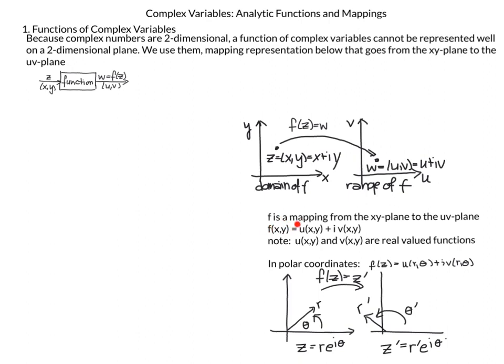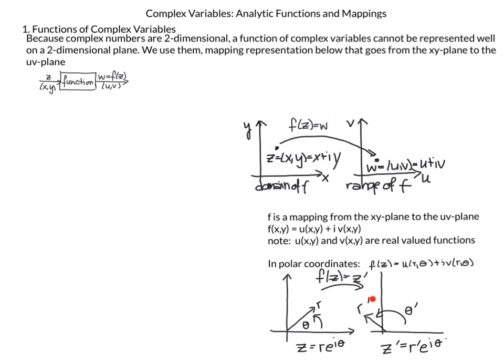This last idea of taking a function of a complex number and breaking it up into two functions, one that maps to the real portion of your w and another function that maps to the imaginary portion of w, you can do that as well in polar coordinates. So for example, if f of z, now you express z in polar coordinates. So z is equal to r e to the i theta. Here's r, here's theta. It can map that now to z prime, also in the r and theta polar coordinates.